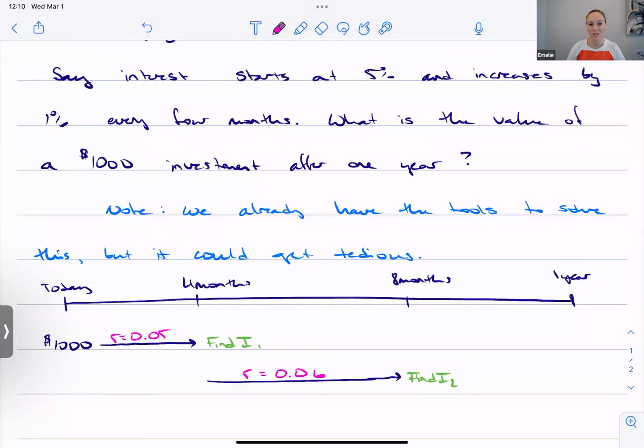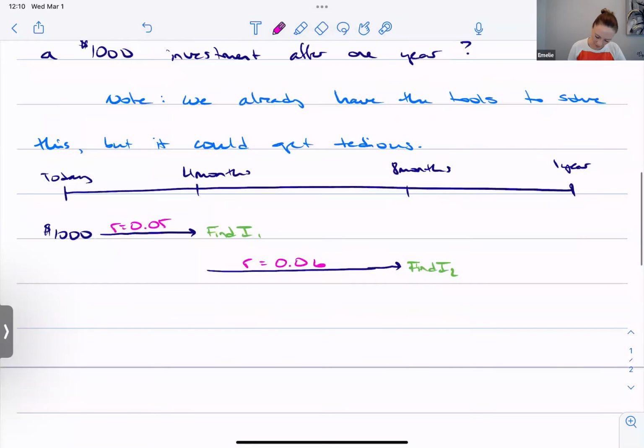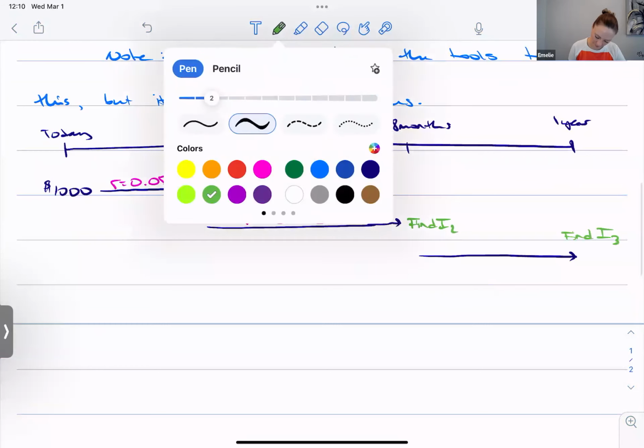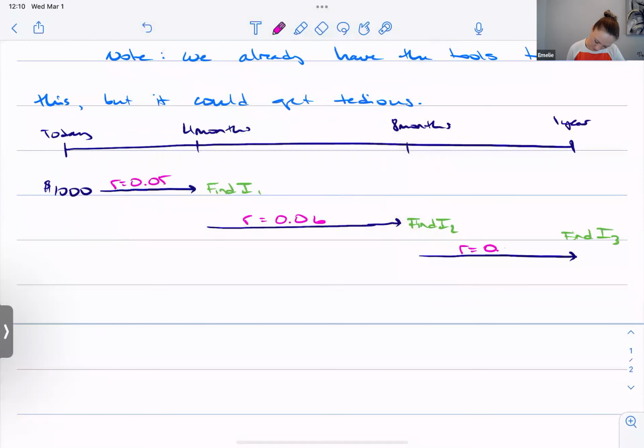Then 8 months to 12 months is going to be another interest rate, and we'll be able to find I3 here. And the rate for those last 4 months is 7%.